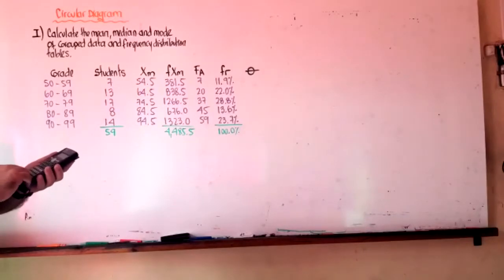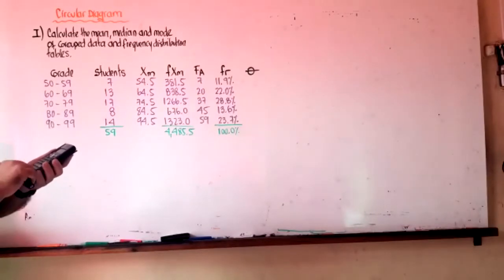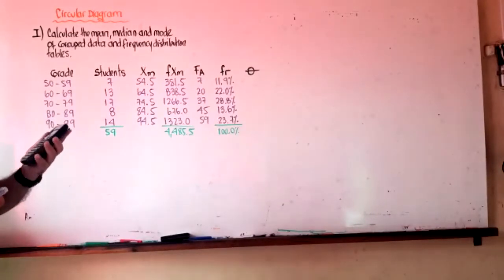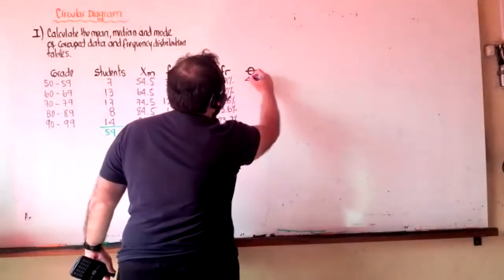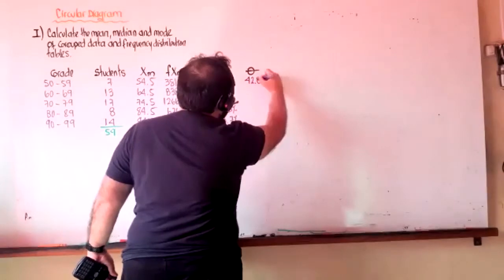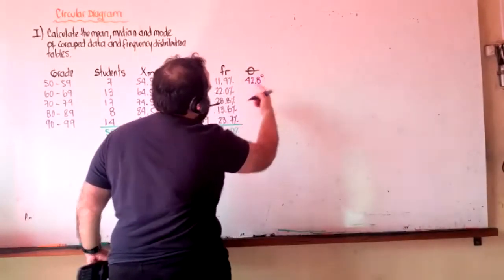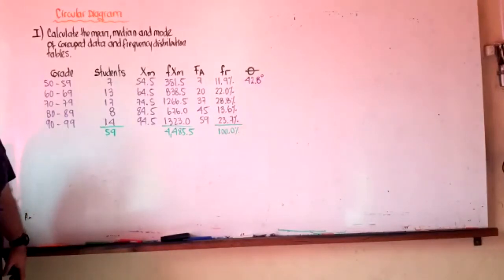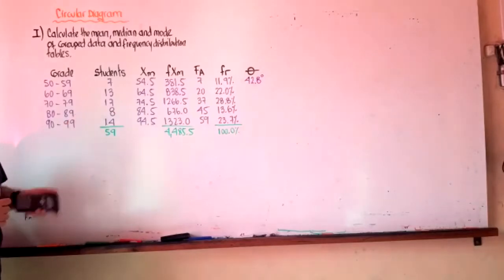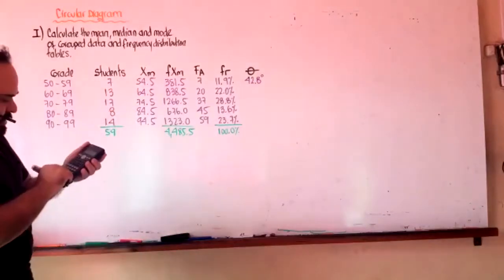So we get, for example, 11.9 divided by 100, and the result multiplied by 360, and that will be 42.8. The symbol, this little circle, means degrees. Understood? All right.